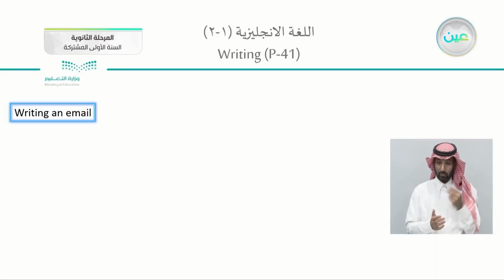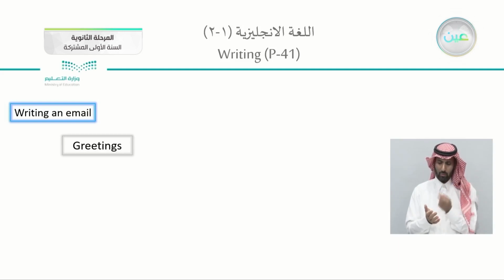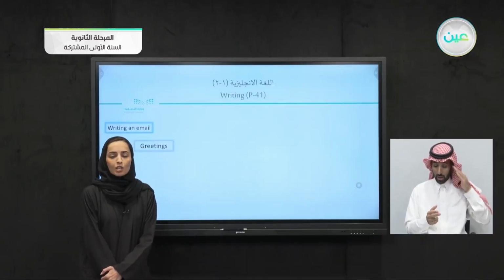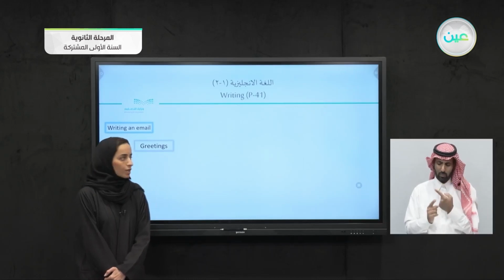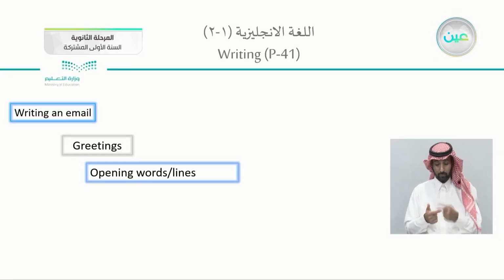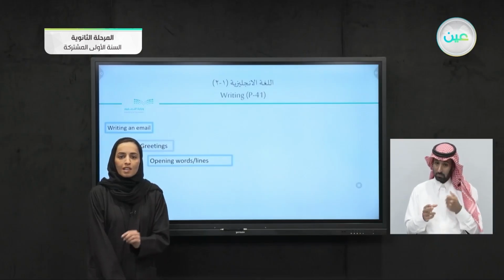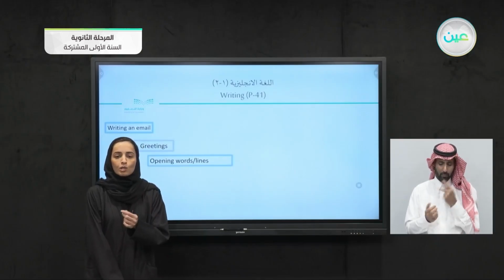As a reminder of what we took yesterday in the previous lesson, it was about how to write an email. You will start with the greetings, saying hi or hello, depending on who you are speaking to. Then we will have the opening words or lines. This is an email to tell you this or that.